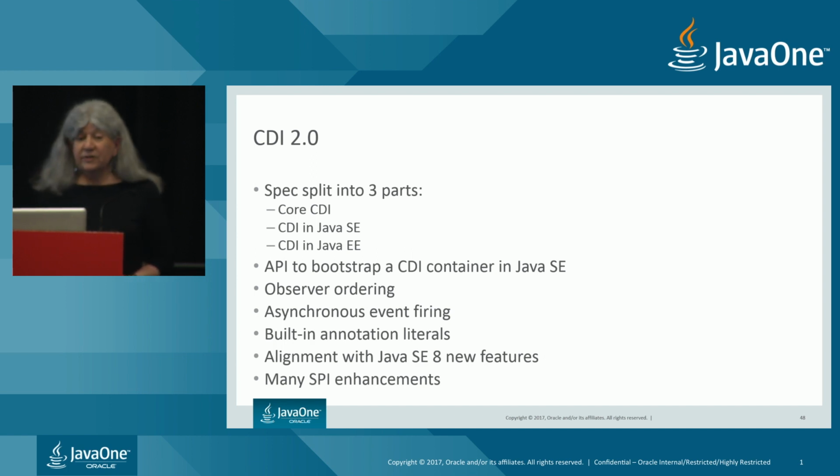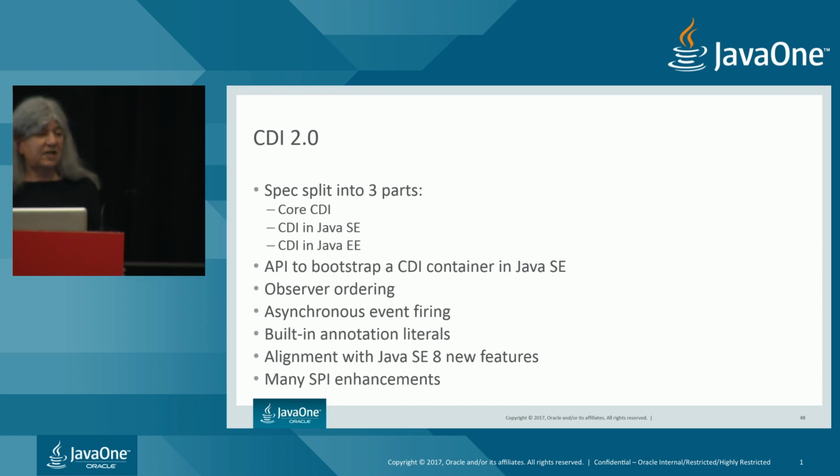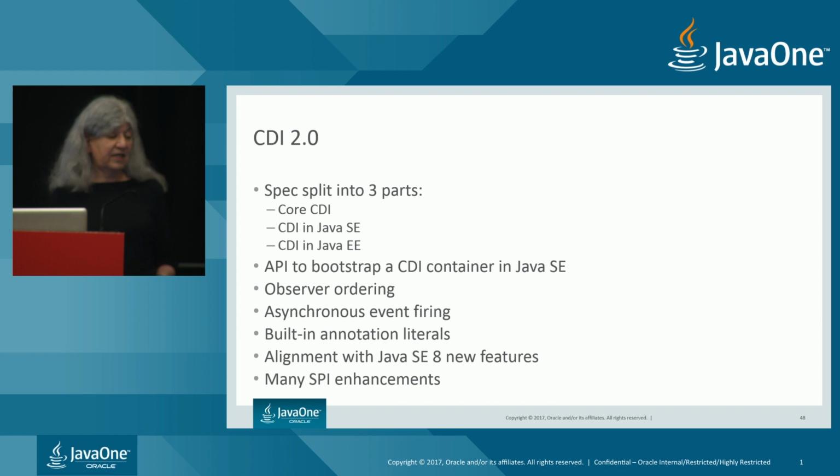Okay, so speaking of CDI, which is a key technology for us, CDI 2.0 was a big release, but one of the main focus areas of CDI was not so much Java EE as providing support for use of CDI outside of Java EE, namely with a Bootstrap API to let you bootstrap a CDI container in SE environments.